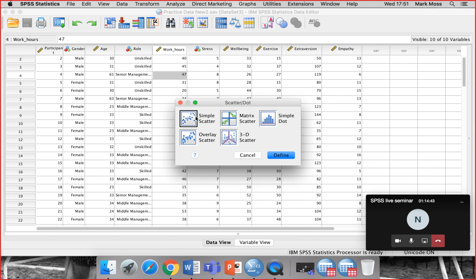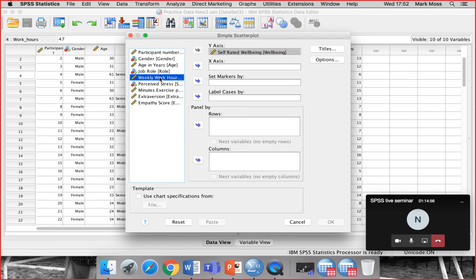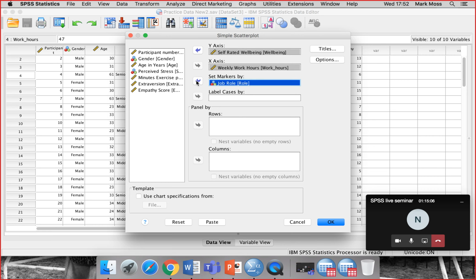So we'll get a simple scatter, and we'll put our self-rated well-being in the y-axis and our covariate, our weekly work hours, in the x-axis. And where it says set markers by, we will put job role in set markers by. And then we click on OK.